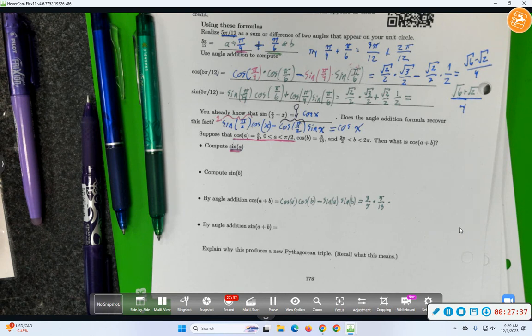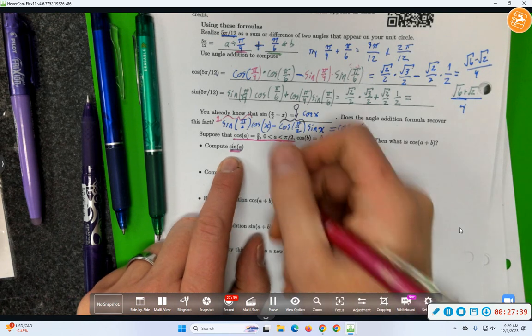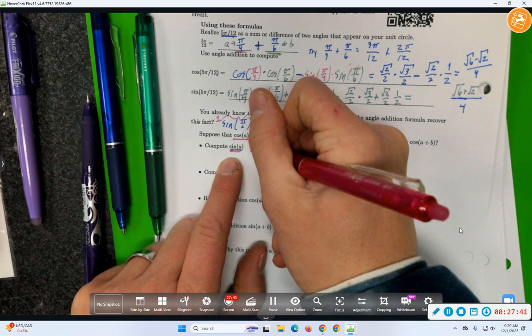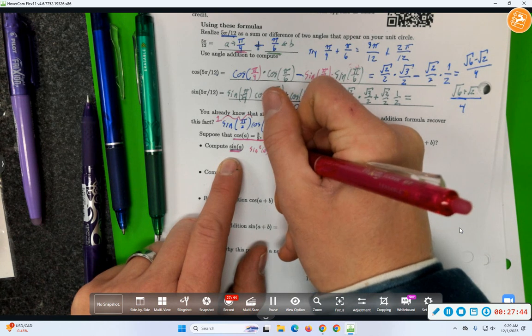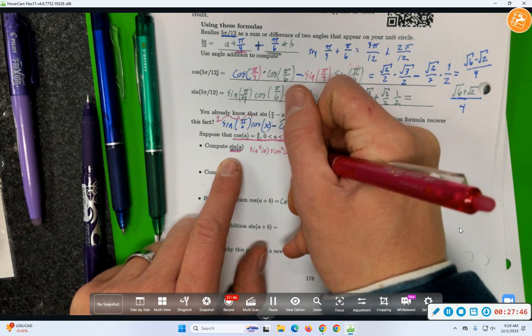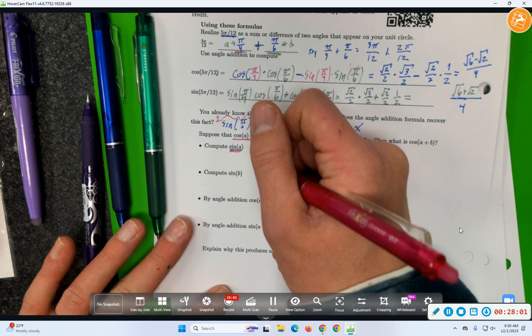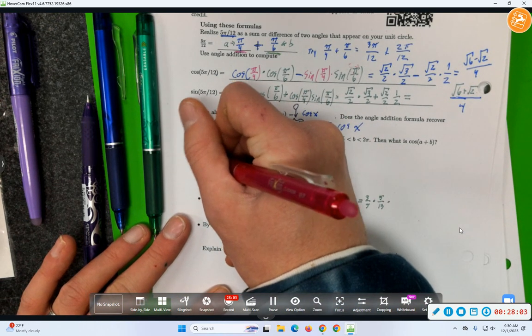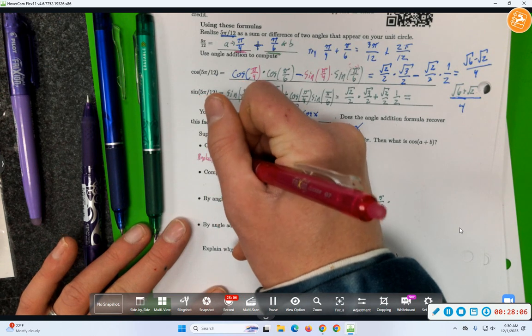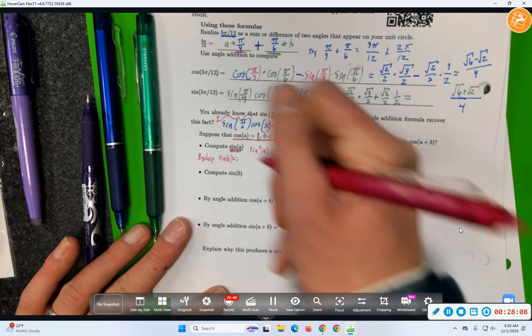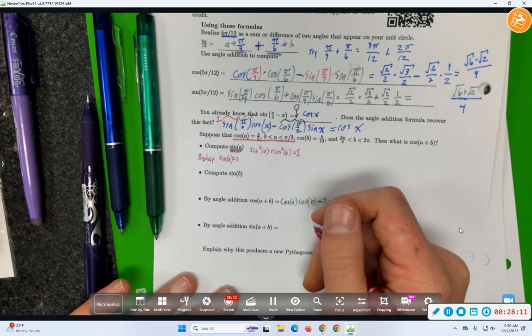Let's use the sine squared plus cosine squared one then. So let's try to find sine A using this fact. I know that sine squared of A plus cosine squared of A is equal to 1. Do we know what cosine of A is? Yeah, in this problem it's 3/5. So I'm going to replace sine of A by S, just so I don't have to write sine of A all the time.